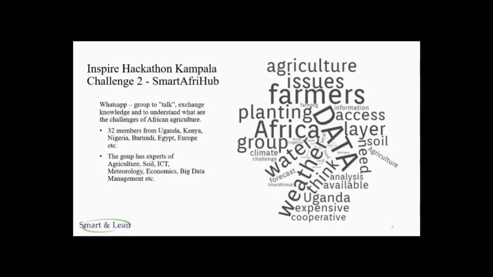But eventually it appeared that WhatsApp was the best solution, and we used that. This is our way to talk. So fingers have been working a lot during the last month. The WhatsApp group was established at the end of March, and since then many people have been joining us. We now have 32 members in that WhatsApp group, and it's growing every day.